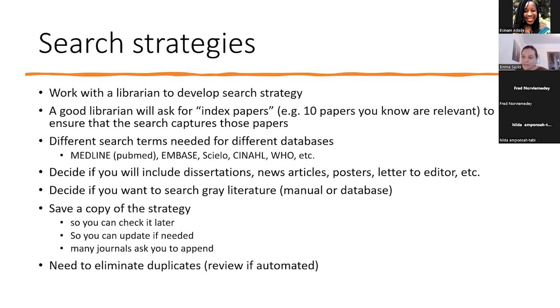So for our postnatal care review, we also had to consider infant care, postpartum care, but also things with and without the word care, so postnatal services, things like that. And it helps to have a couple papers, so when you test run your search, you make sure it's picking up the papers that you want included.